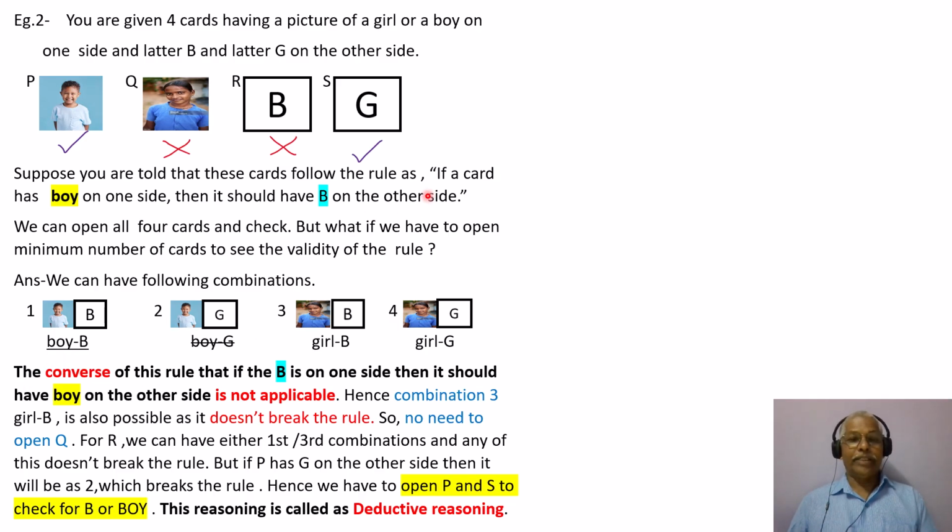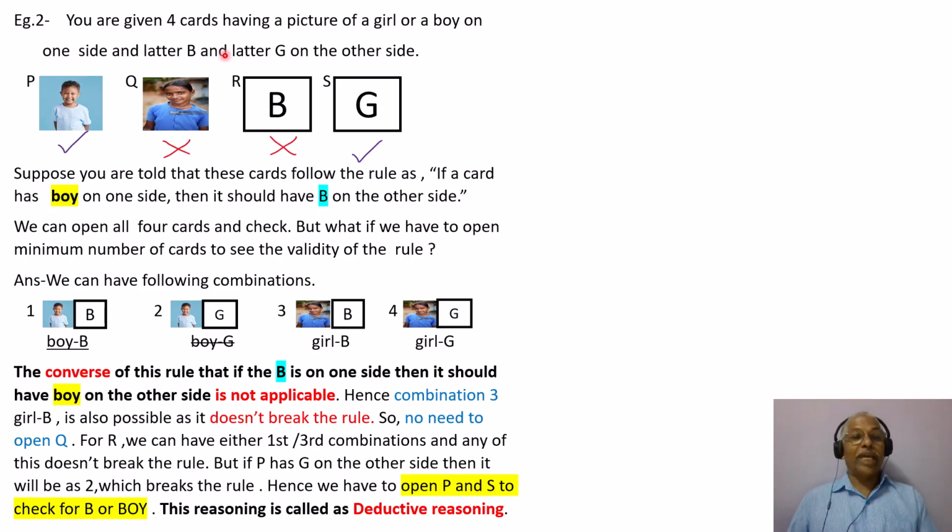I am again reading the rule. If a card has a boy on one side, then it should have B on the other side. What's the converse of this rule? The converse, that if B is on one side, then it should have boy on the other side, is not applicable. Got it?